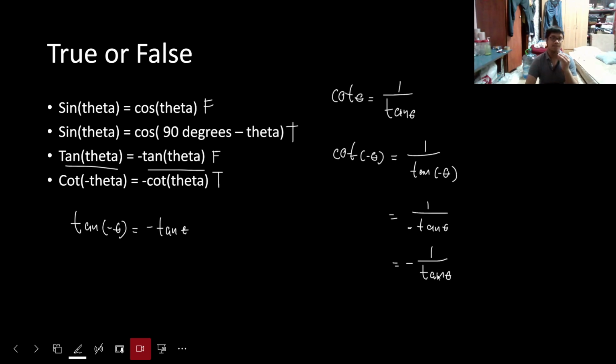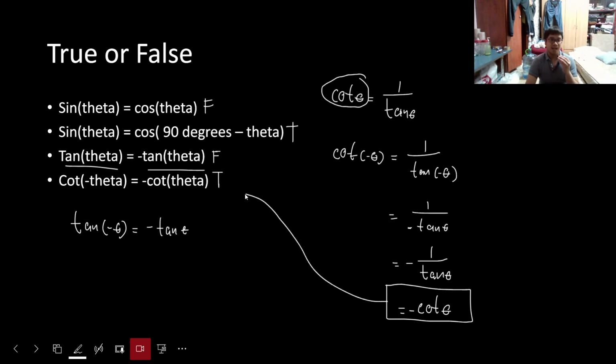Again, remember that 1 over tangent theta is the same as cotangent theta. So we can rewrite this as negative cotangent theta. Hence, it is verified and proven that cotangent of negative theta is the same as negative cotangent theta. So it is in fact true.